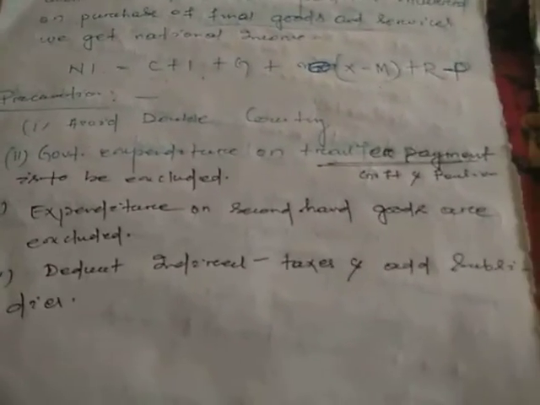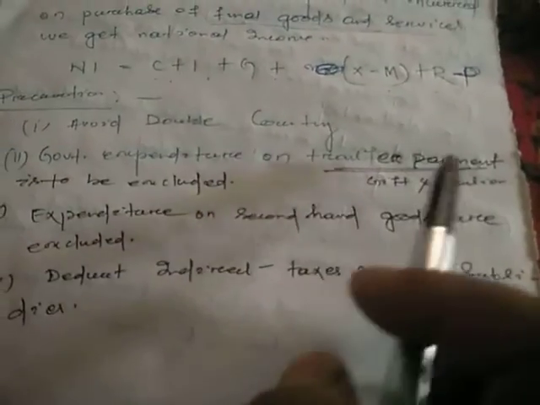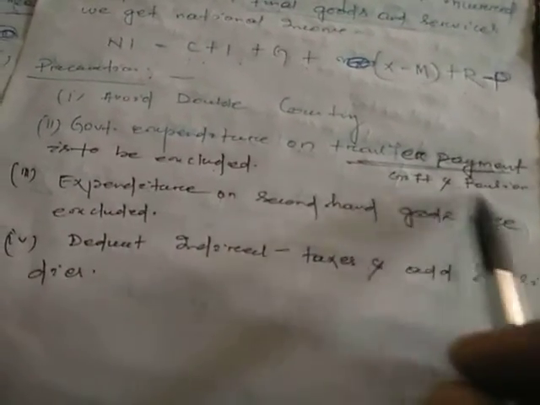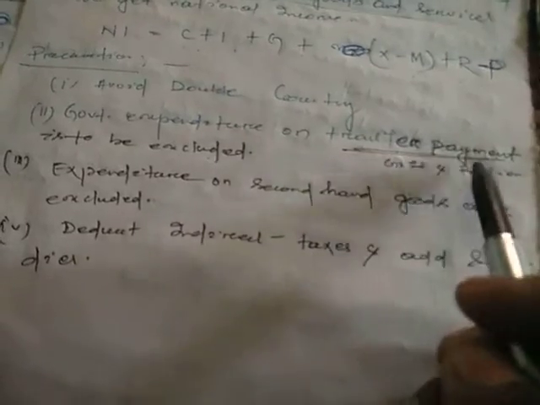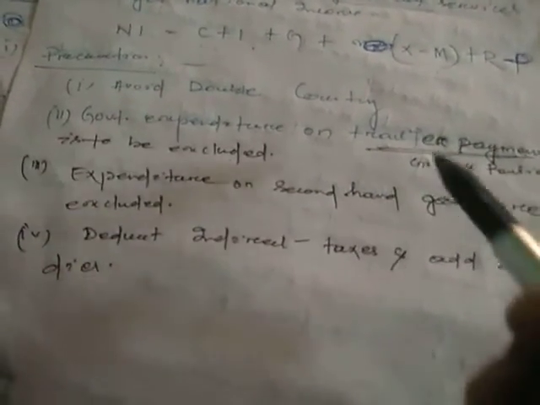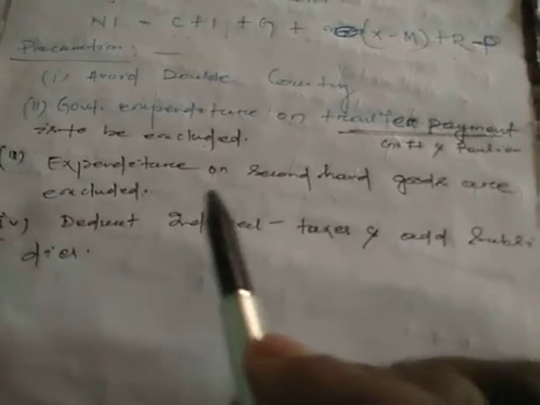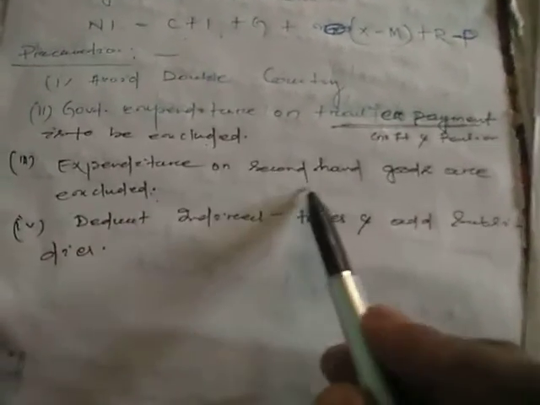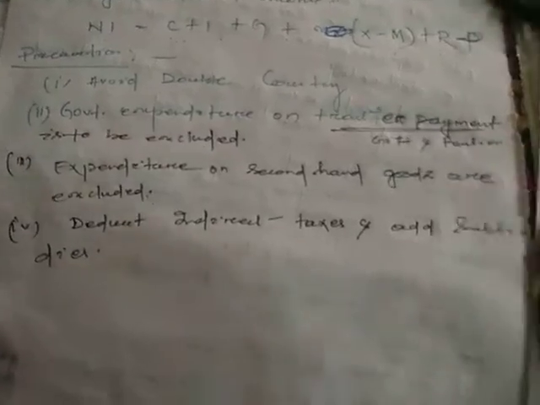Then government expenditure on transfer payments is to be excluded. That is gifts and pension. What do you mean by transfer payment? Gifts and pension paid by the government. Then third, expenditure on second-hand goods is also excluded.